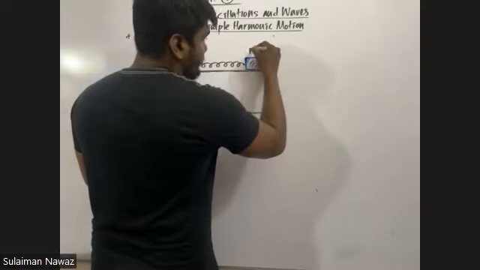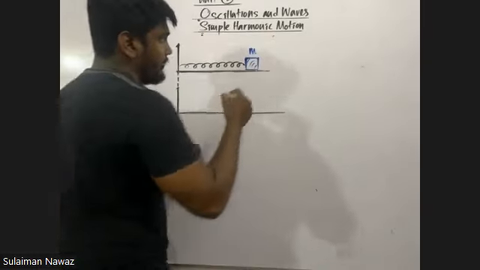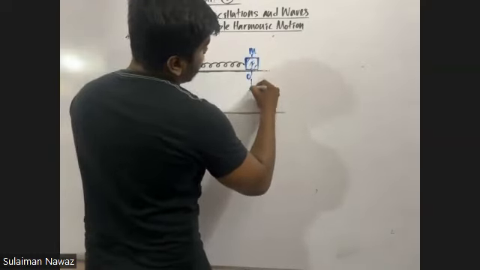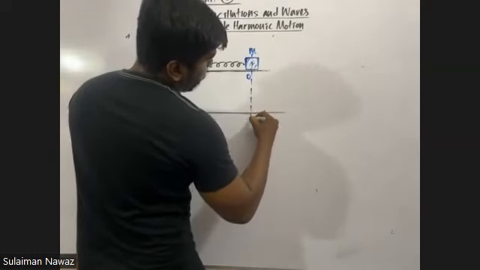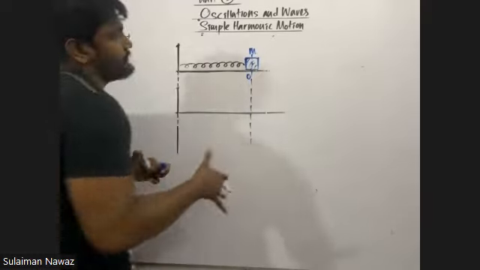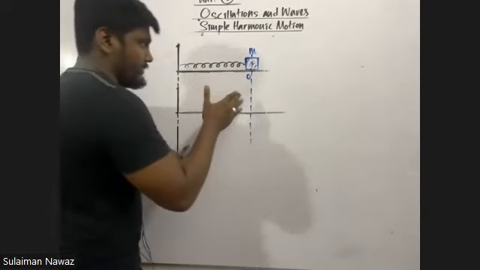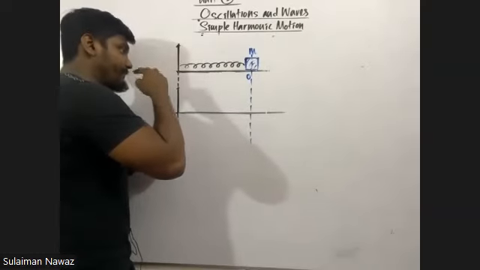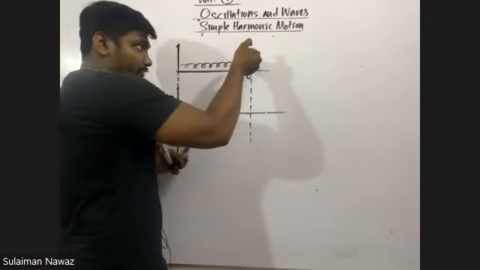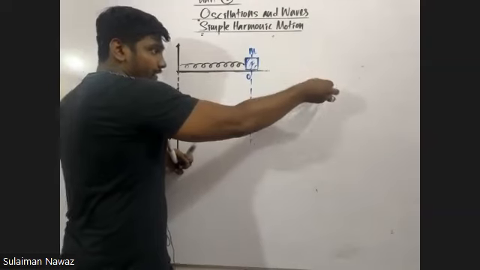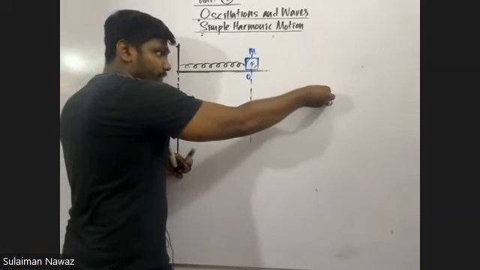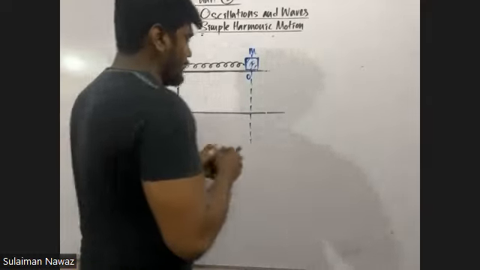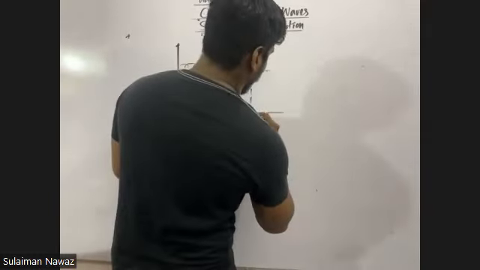This is our equilibrium point, capital O. Then, as discussed previously, I stretch the spring to a location somewhere here. Then I release the object from rest. Next diagram.